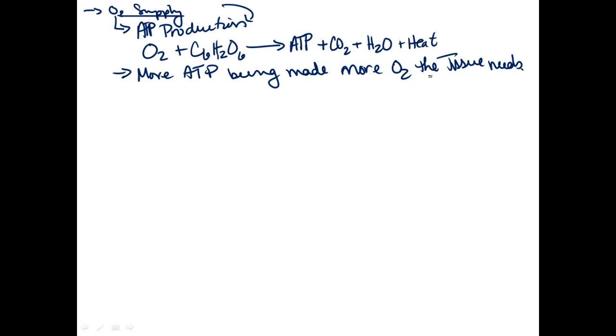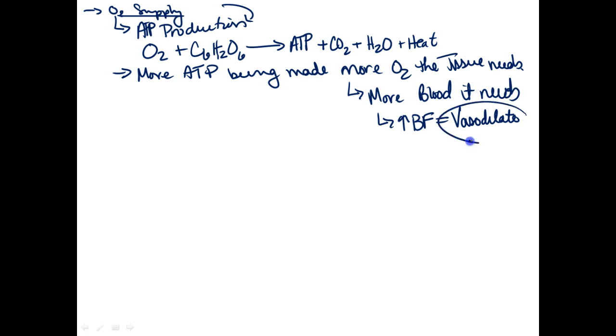The more oxygen a tissue needs, the more blood it needs. The more blood it needs, we need to increase blood flow, BF meaning blood flow. The best way to increase blood flow is to vasodilate.